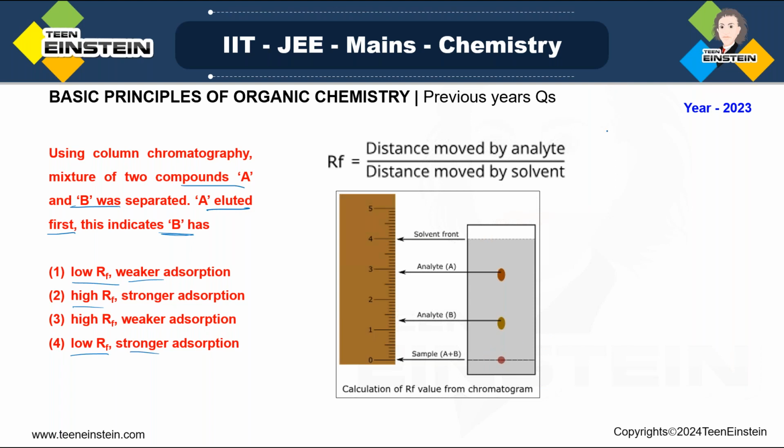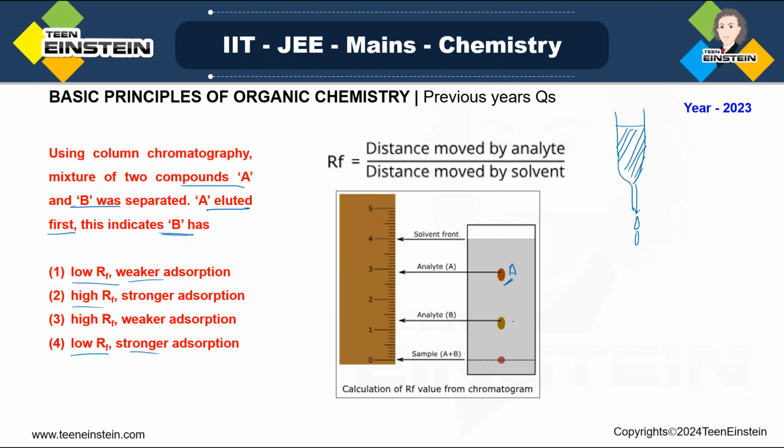You can also do it in column chromatography because it is already mentioned. So when you are doing it for column chromatography, A will be eluting fast. Here you can see A is moving fast, but if you consider a column, it is towards gravity, while the picture in a strip is anti-gravity.